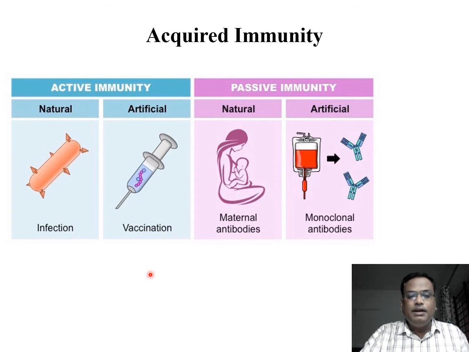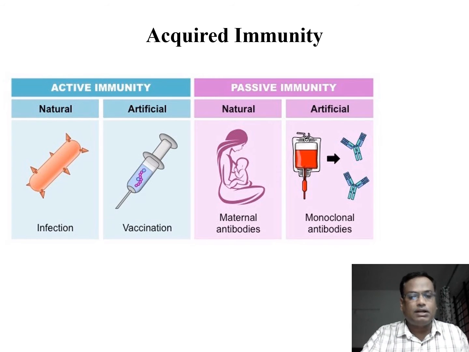So the immunity develops, and this type of immunity is called artificial active acquired immunity. Here, vaccine is something which is going to stimulate the body's immune system without the entry of the real pathogen. You can say vaccine is nothing but a dupe for the real pathogen.